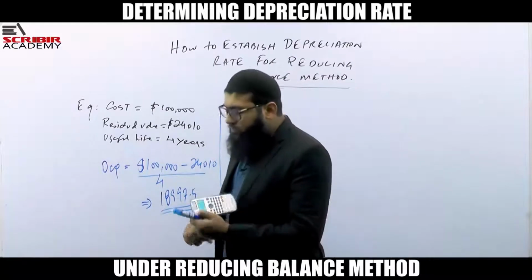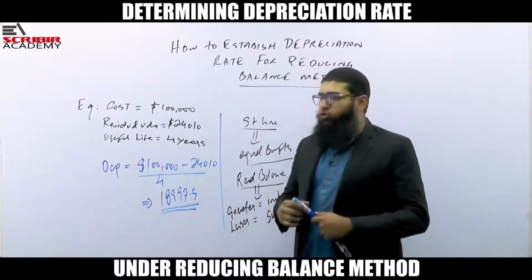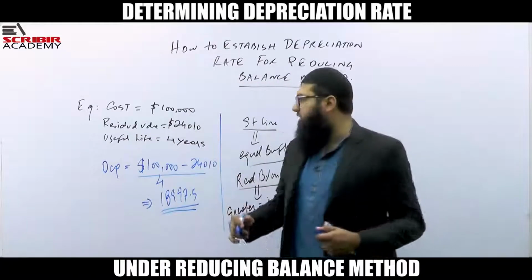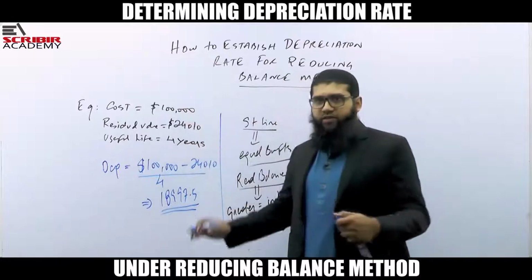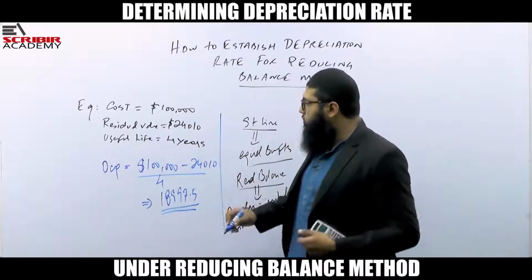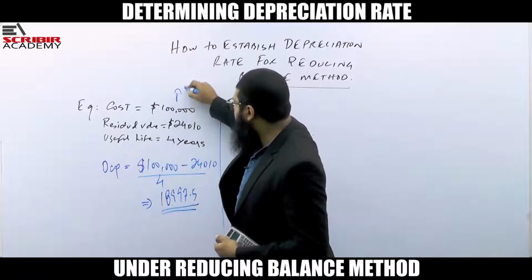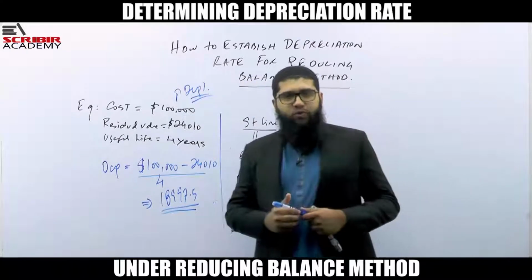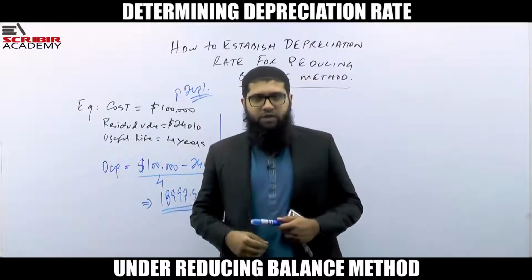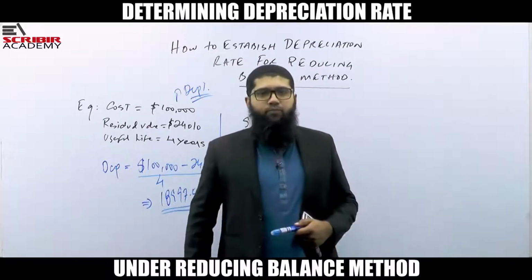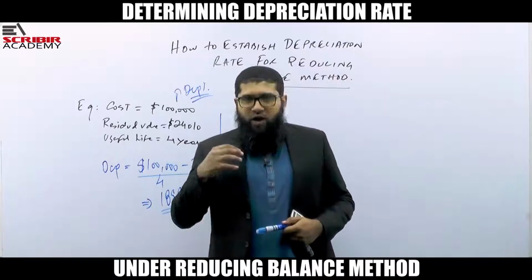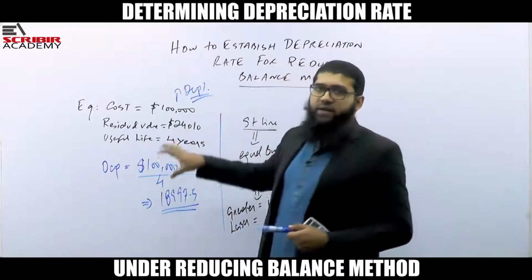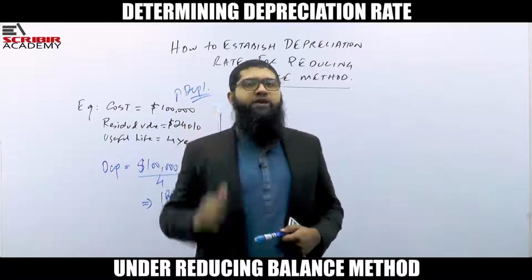Now, if I ask you to establish the depreciation under the reducing balance method using this information, many of you would ask me, sir, what is going to be the depreciation percentage? Let me tell you that to calculate the depreciation percentage under the reducing balance method, there is a formula you need to keep in mind.